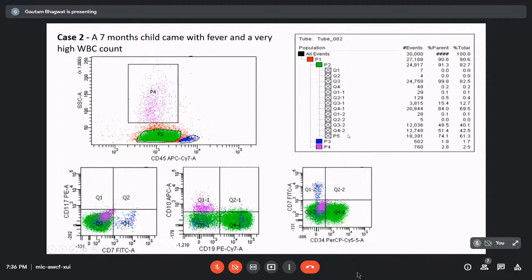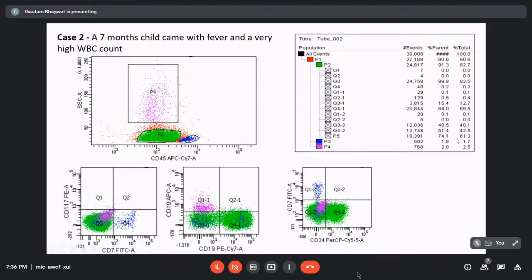So sometimes this becomes important, because when to call something positive or negative becomes dicey when the expression is in very few blasts. So for that, in our labs as a protocol, for any surface antibody, 20% would be the positive criterion.